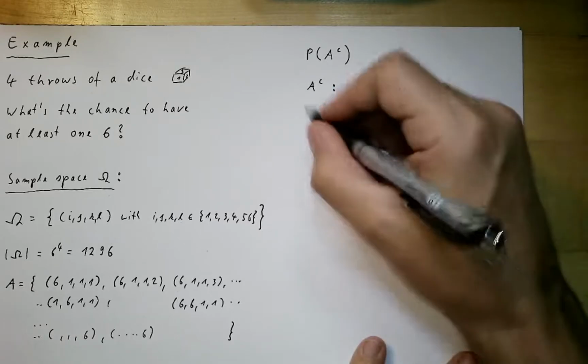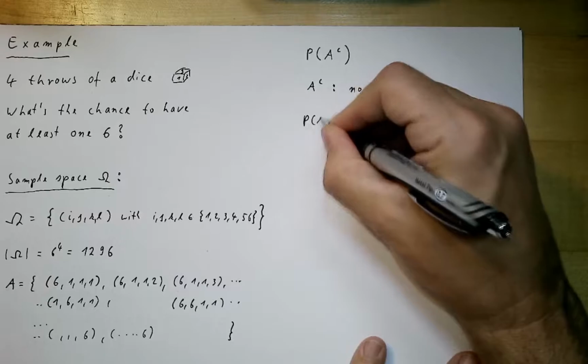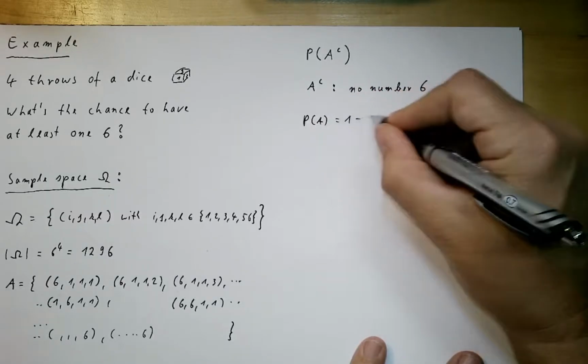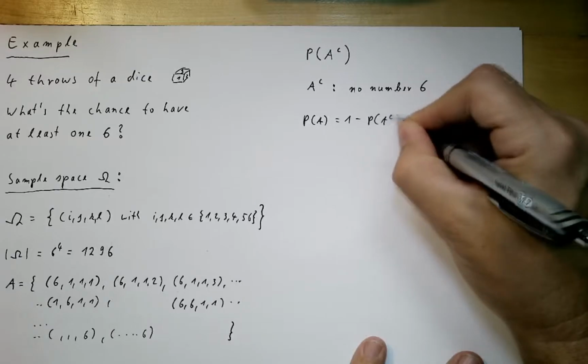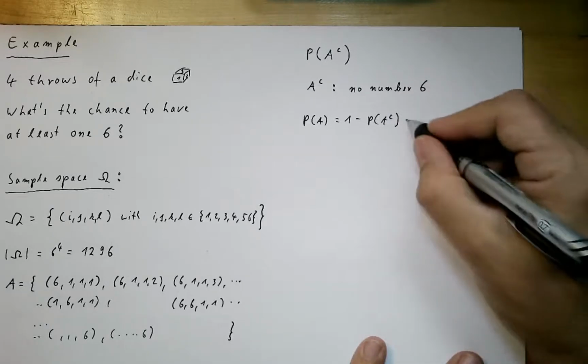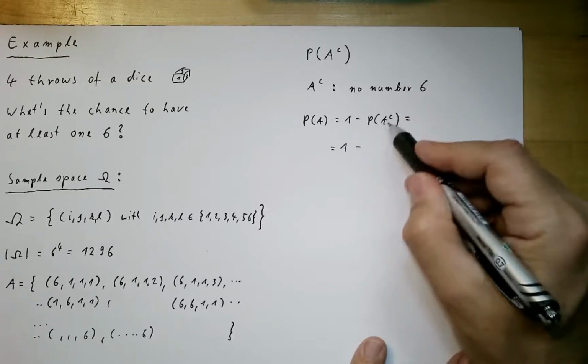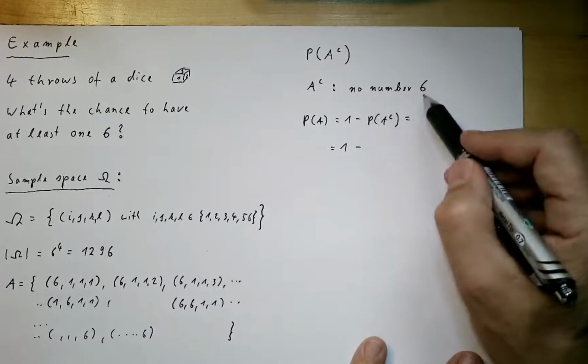So when we take our rule, the probability of event A equals 1 minus the probability of this complementary event.